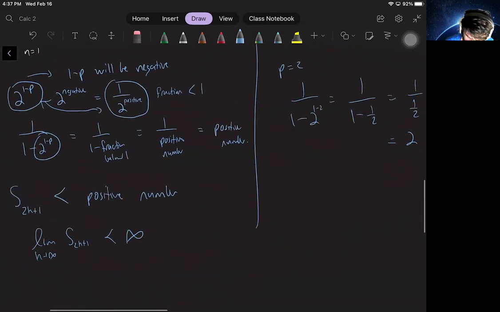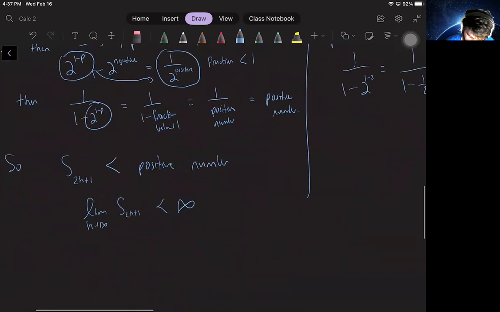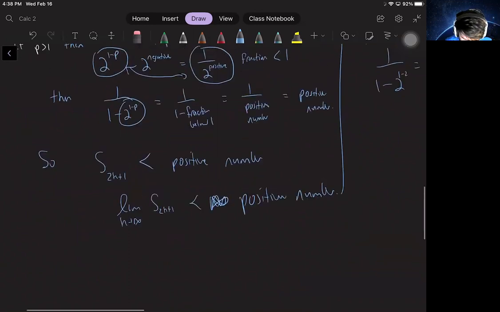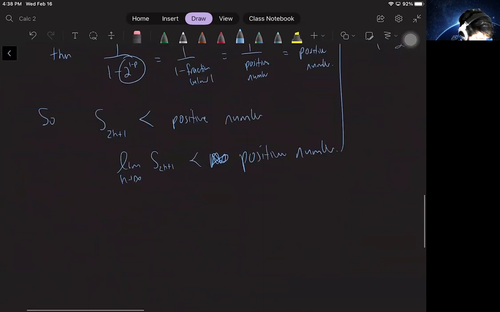So then this would be saying that the partial sums are always less than 2. And so when you take the limit, it definitely can't go to infinity. It's going to be less than 2, in fact. I should just say it'll be less than that same number. Okay. So the point is that it'll converge because the partial sums are bounded.